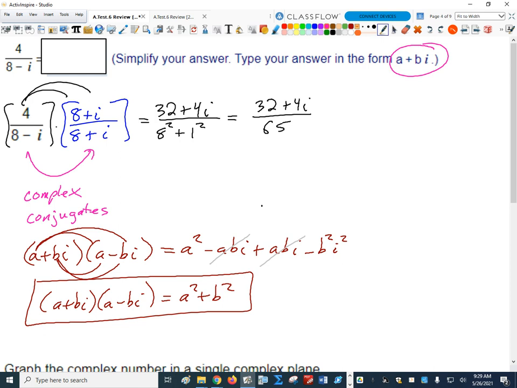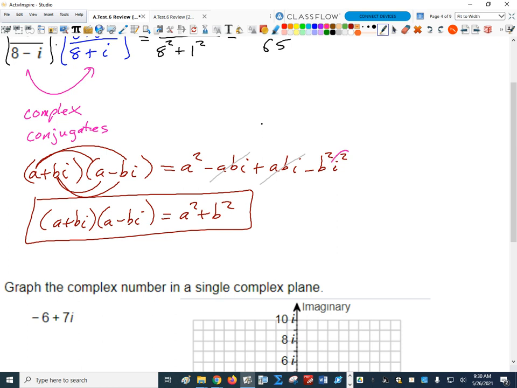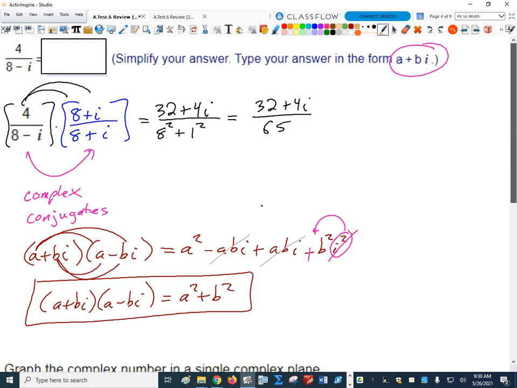That's a 1, not an i. Oh, yeah, right. Exactly. That's going to become a -1, which makes that a plus. There you go.